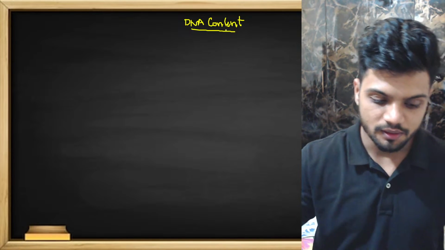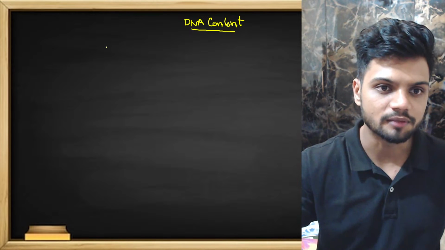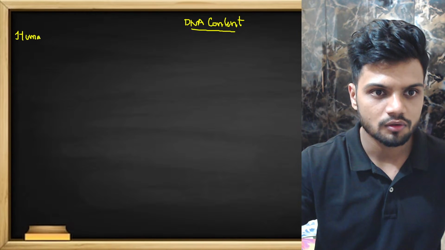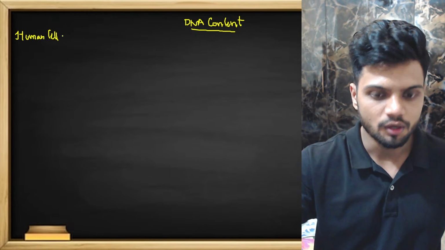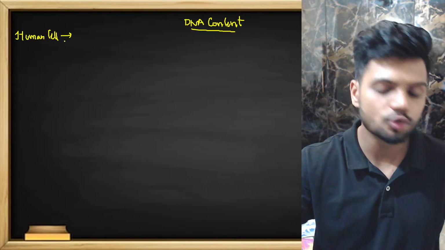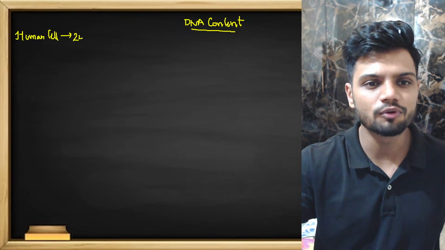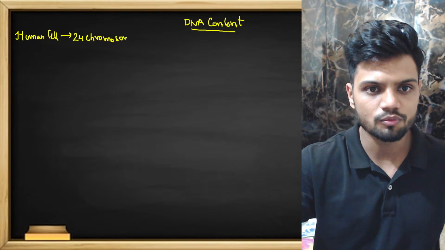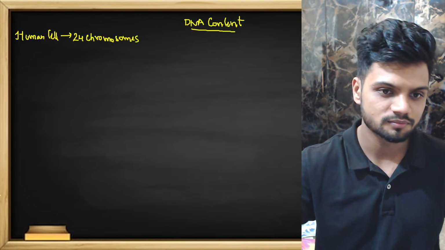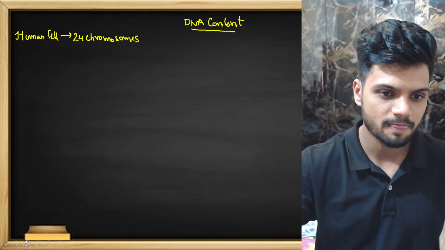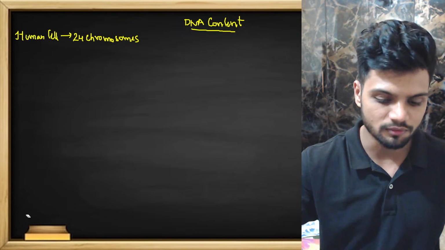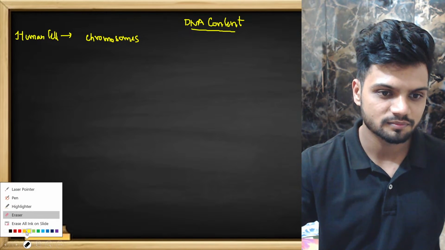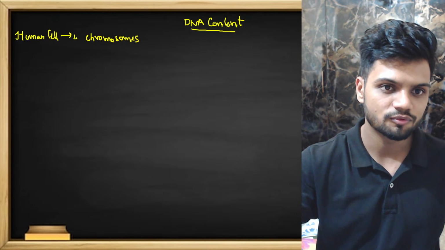Understand, students. DNA content of a human cell. Let's take a human cell. How many chromosomes in the case of a human cell? 46 chromosomes.